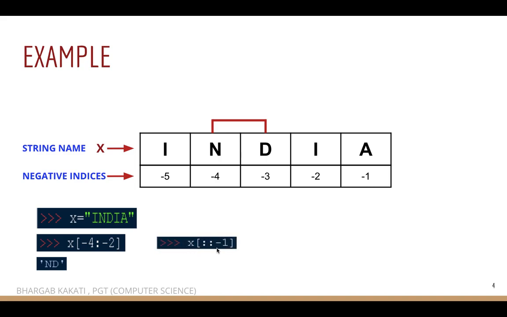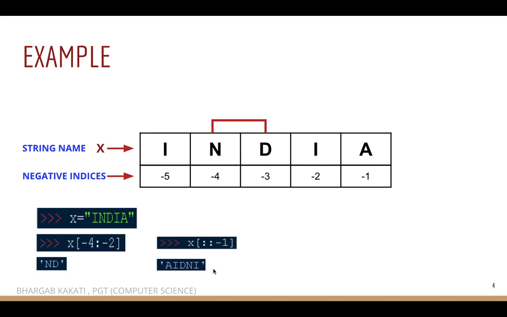Now, one more trick is here. If I want to reverse a string, then the syntax is string name [::-1]. So if I write x[::-1], what will it do? It will simply reverse the string. So INDIA would be read as AIDNI.